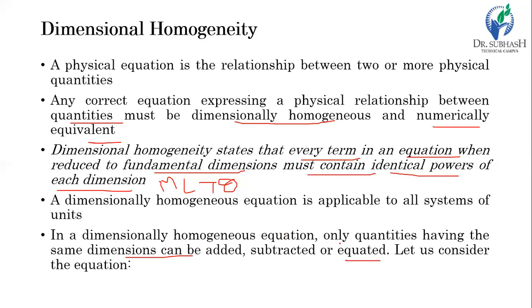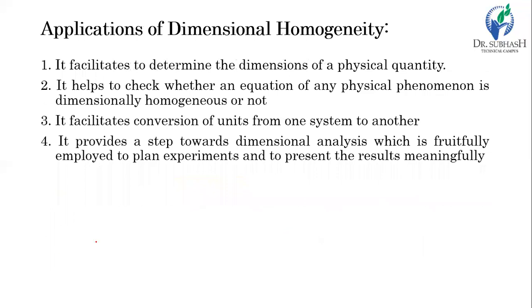So let us consider an equation, say the time period T equals a constant times the square root of L by G. T is the time period, L is the length of the pendulum, and G is the gravitational acceleration.